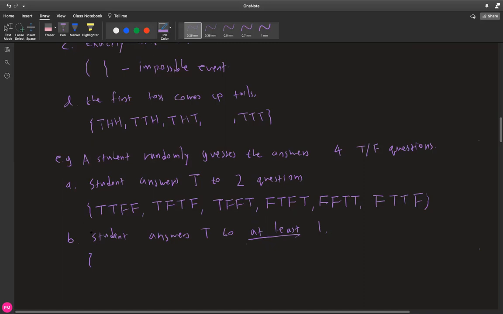So let's actually write down everything, and hopefully we don't miss anything. We have true, true, true, true. We have true, true, true, false. True, true, false, true. True, false, true, true.